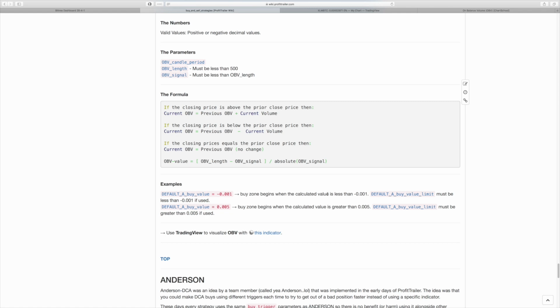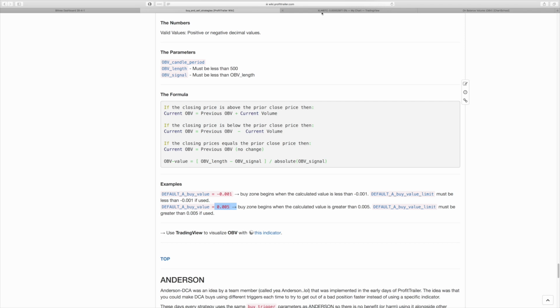Okay, so the default A buy value limit must be less than that as well. That's going to be more negative. So if you're using default A buy value in the positive range, like this 0.005, then your buy zone begins when the calculated value is greater than 0.005, and then your buy value limit must be higher than that. So that is, in a nutshell, how OBV is used by ProfitTrailer.